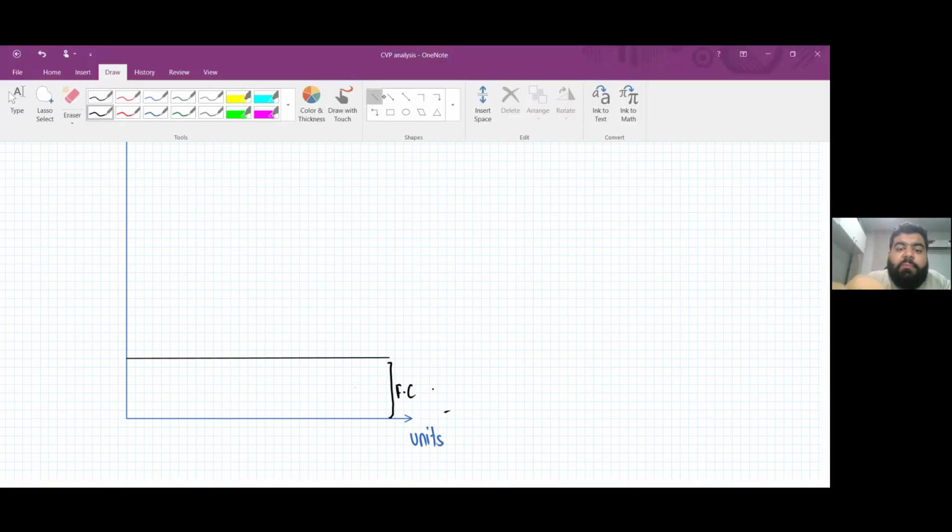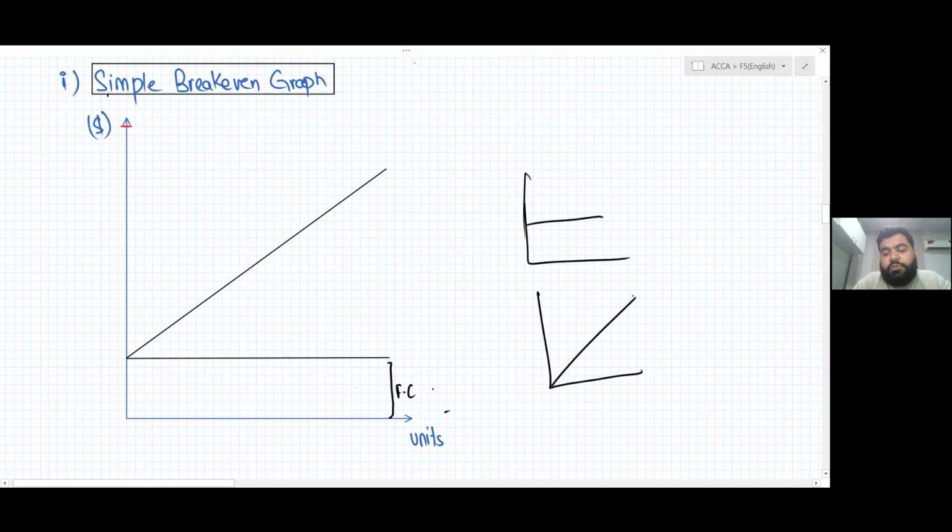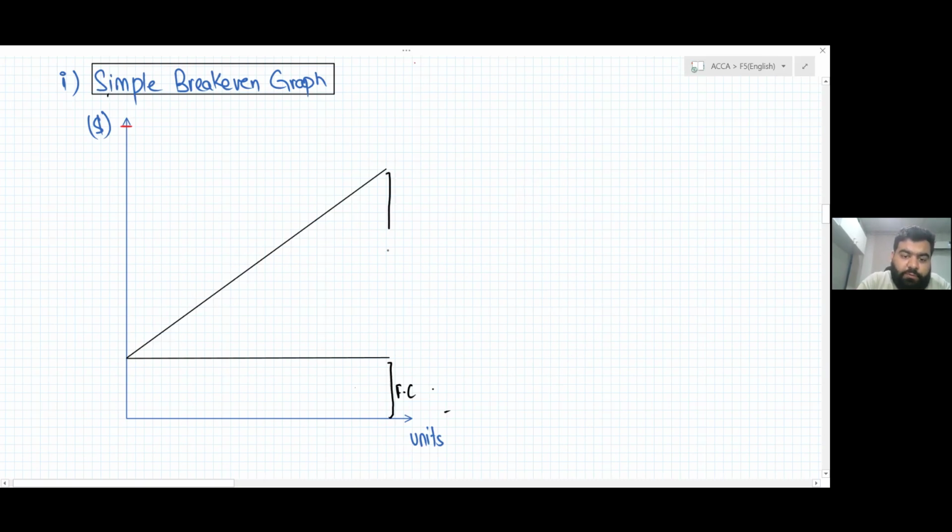First, I've made the fixed cost line. After that, I will make variable cost. At the basic knowledge level, we know that the variable cost line is a directly proportional straight line going upward like this. Because in F2, at MA basic level, we know that fixed cost is a straight line and variable cost starts from zero. But if we have to draw both, we make it like this. From this point to this point, it will be variable cost.